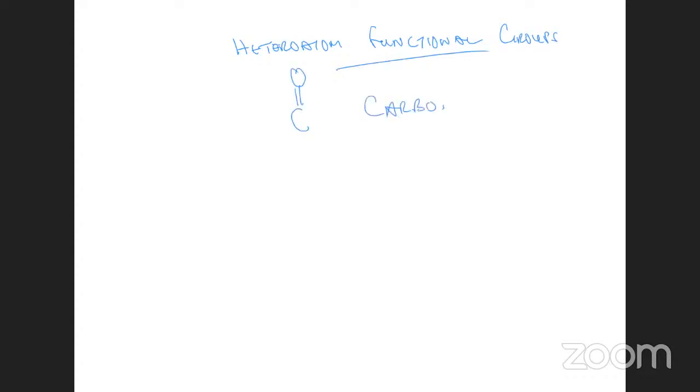Now we are going to talk about the third type, compounds with heteroatom functional groups. So first understand the carbonyl group, the functional group where carbonyl groups become the functional group in this one.